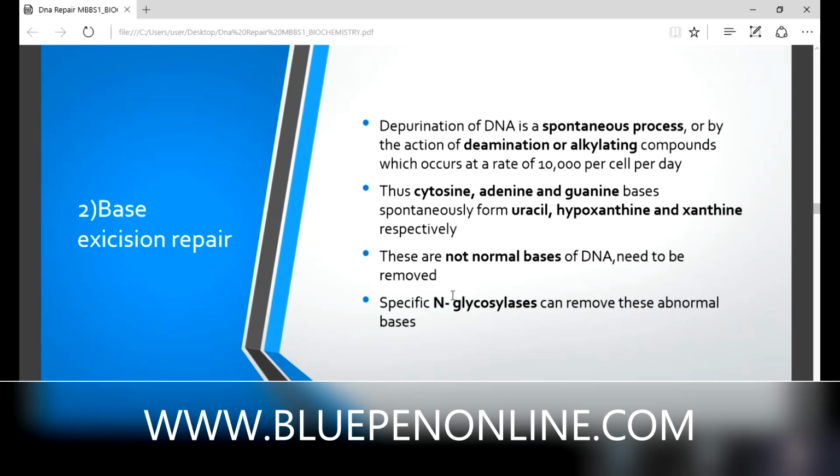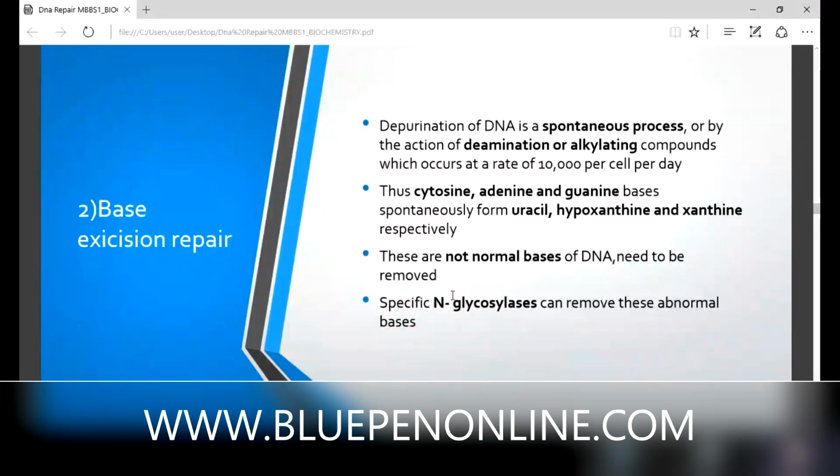Uracil is actually present in RNA, so if uracil is present, it is wrong in DNA. Hypoxanthine and xanthine are also errors. In some cases these bases form spontaneously, with no need of an enzyme; in some cases by deamination, in some cases by alkylation.